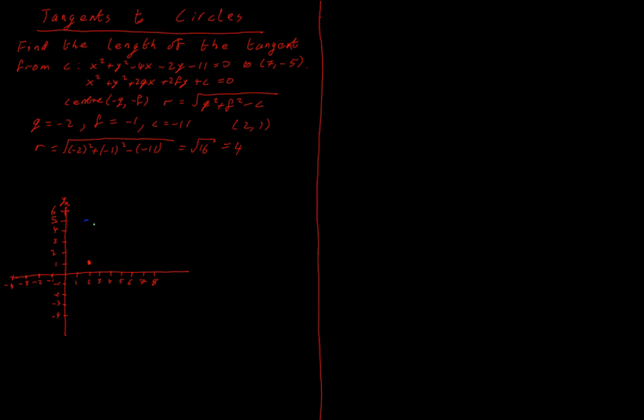And I'm going around to a radius of 4 here, here, and here. So I'm going to draw in my circle around those points. I'm 4 units away from my center in each case.